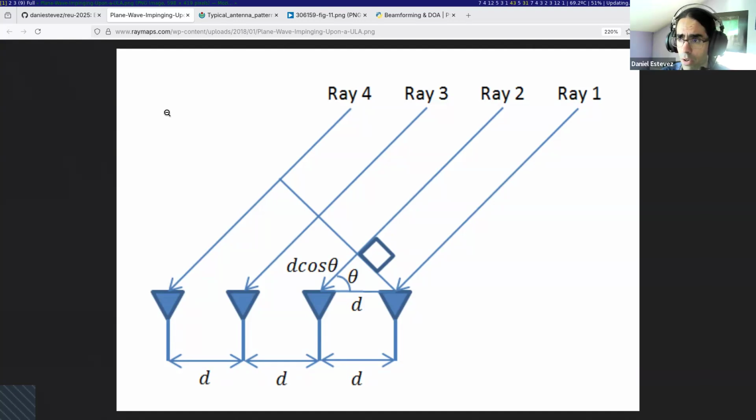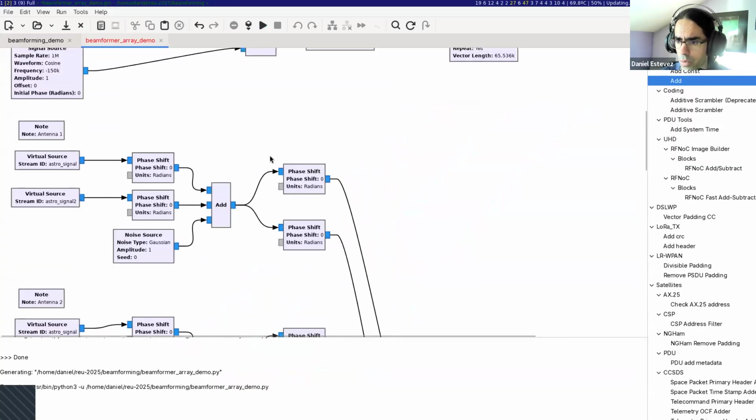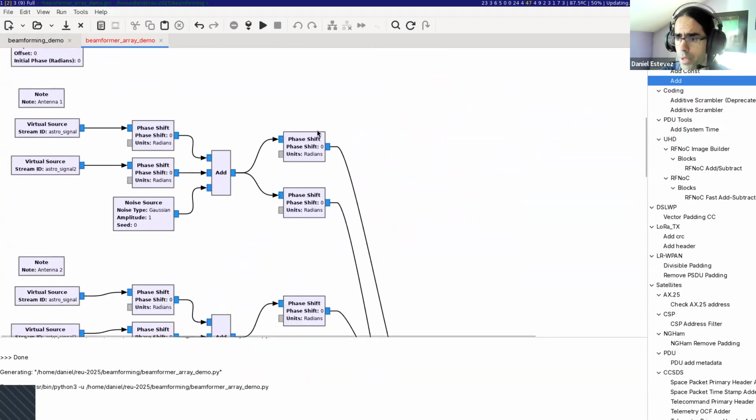If we see a signal only on the target beam, then it's likely to be a signal coming from the target direction. So having multiple beams can be used to receive different signals from different directions, or to find out if a signal actually comes from the direction we assume it to be coming from. So how do we beamform?